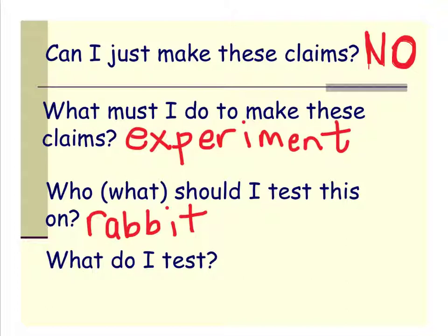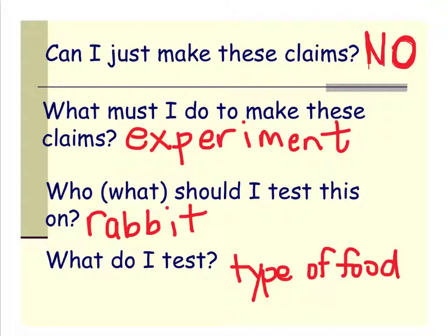Well, you've obviously got to test the type of food, because that's what this company is claiming is making the difference in these rabbits. And these kinds of things we'll learn some terms for, who I'm testing and what I'm testing. Those have special names when we're doing experiments, which we'll talk about in a moment.